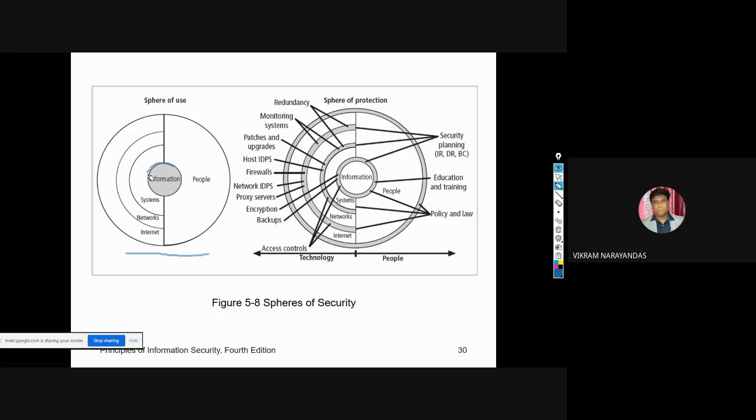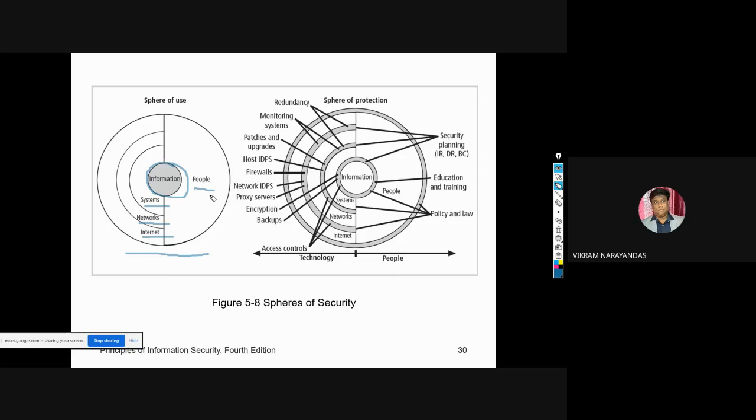So information is an asset for your organization. Systems are an asset of your organization. Networks are an asset of your organization. The internet is an asset for your organization. And people are also an asset for your organization.